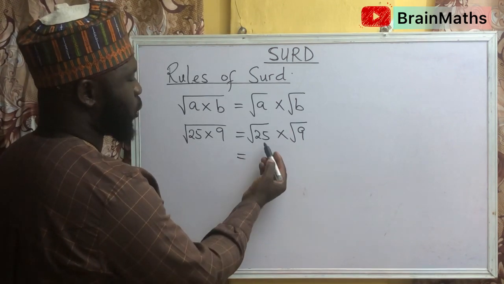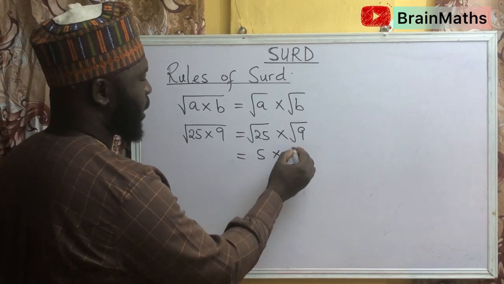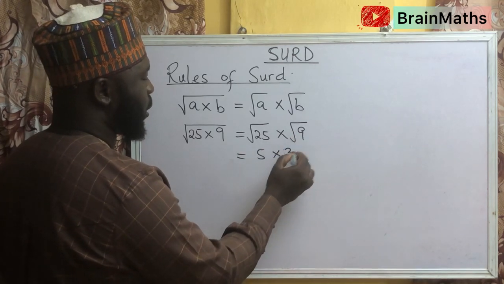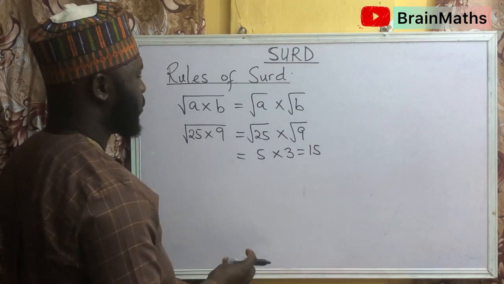And this will lead us to 5 times 3, which is 15.